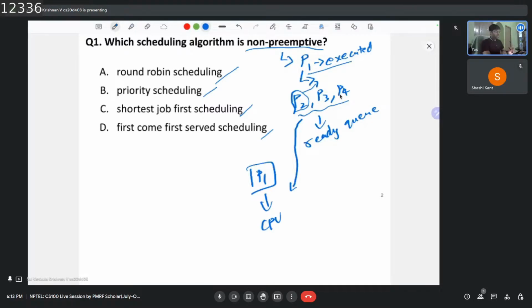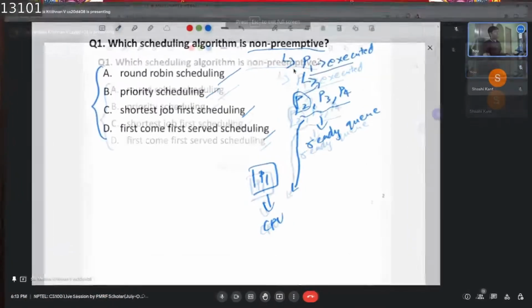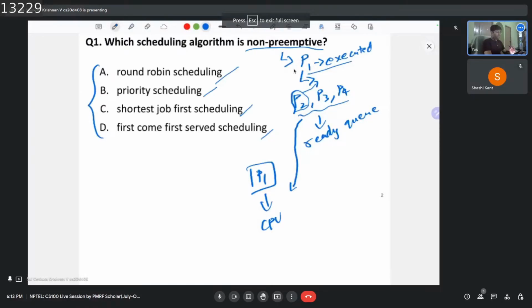So out of these four scheduling algorithms, which one is a non-preemptive scheduler? Any guesses? Is it round robin, or priority scheduling, or shortest job first, or first come first serve?